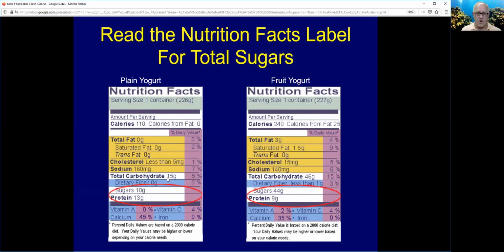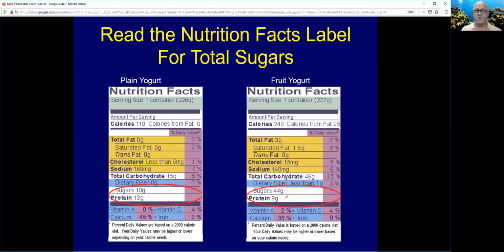Let's look at carbohydrates. The plain yogurt has 15 grams of carbohydrates. The fruit yogurt has 46 grams of carbohydrates, more than 3 times. Sugars, 10 grams on the plain yogurt and 44 grams on the fruit yogurt.